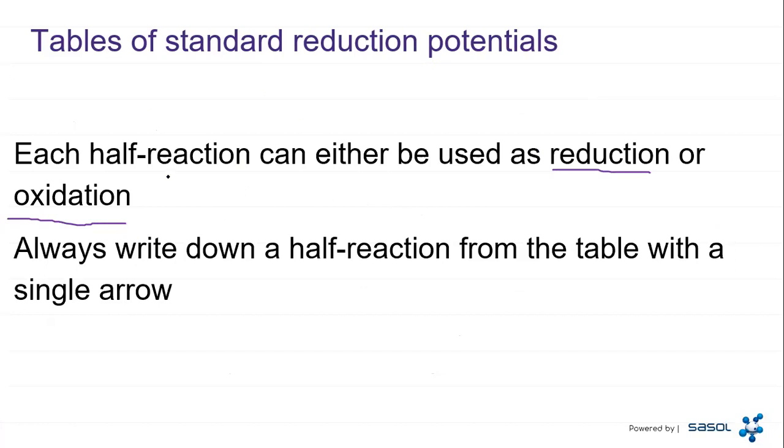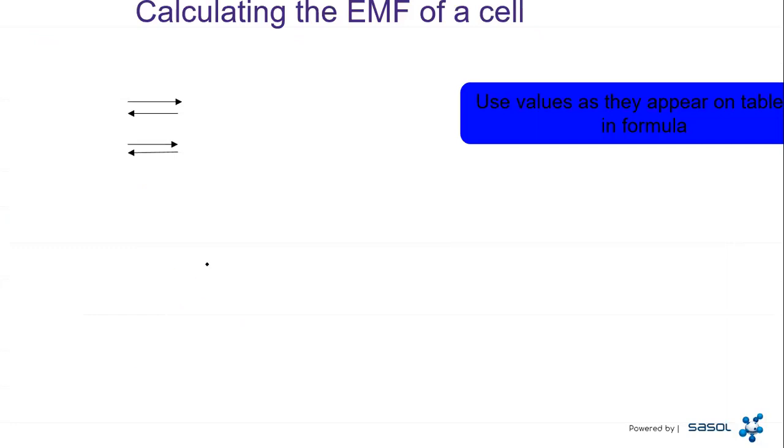So if we ask you to write down the oxidation half reaction or the reduction half reaction, my dear learners, you will remember very well that you have to use single arrows altogether. And we talked about this yesterday because then you would know that the substance on top is undergoing oxidation, so we use one arrow. The substance at the bottom is undergoing reduction, so we use one arrow altogether. So remember that.